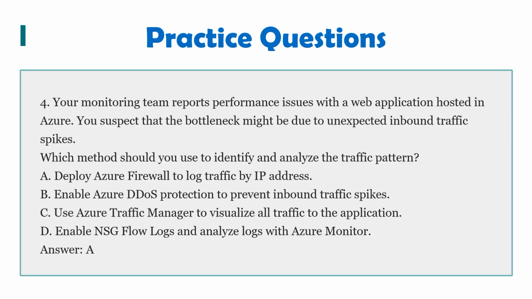B. Enable Azure DDoS protection to prevent inbound traffic spikes. C. Use Azure Traffic Manager to visualize all traffic to the application. D. Enable NSG flow logs and analyze logs with Azure Monitor. Answer: A.